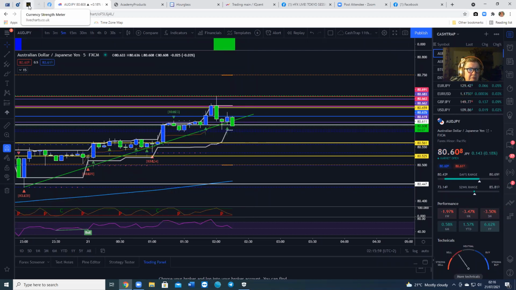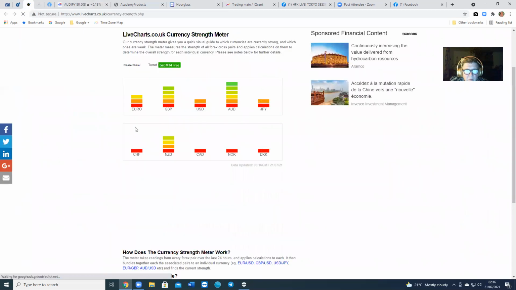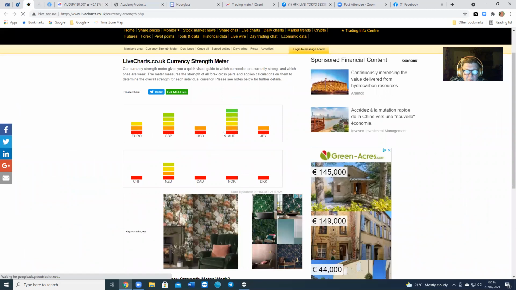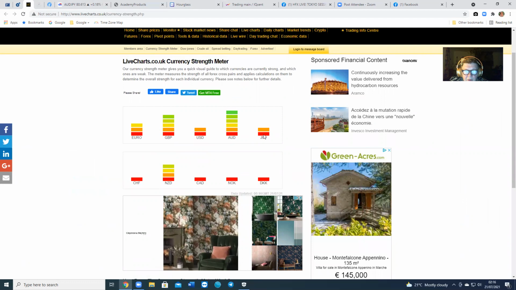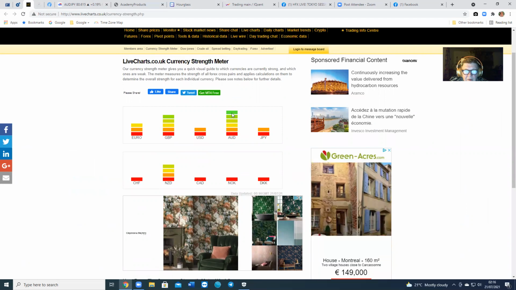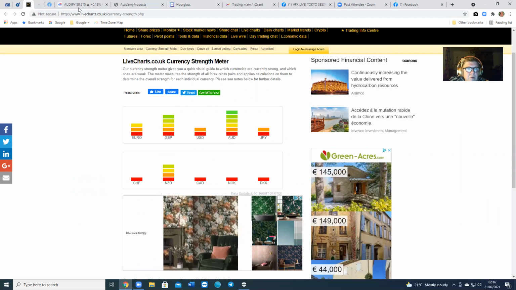Let's check our currency strength meter while we're waiting, because normally if I've missed the 15-minute trade, you see how this has changed now? Some of them have changed, but the Japanese yen has moved up in strength a little bit against the Australian dollar, which is 6 bars, but it's still very much in our favor for calls.